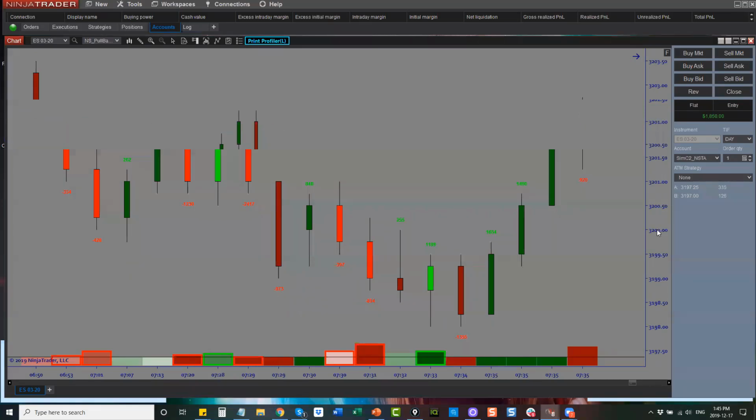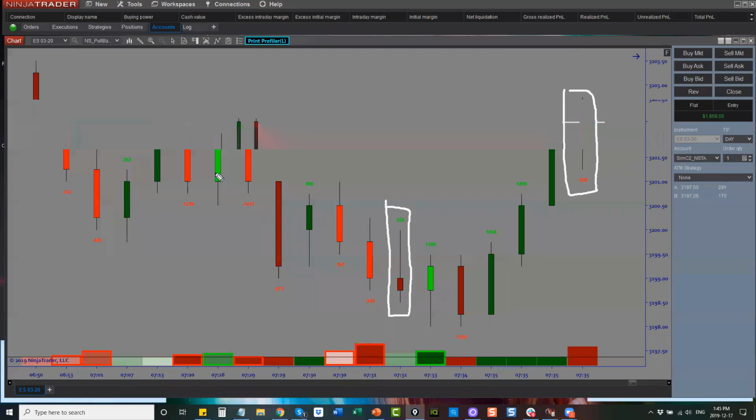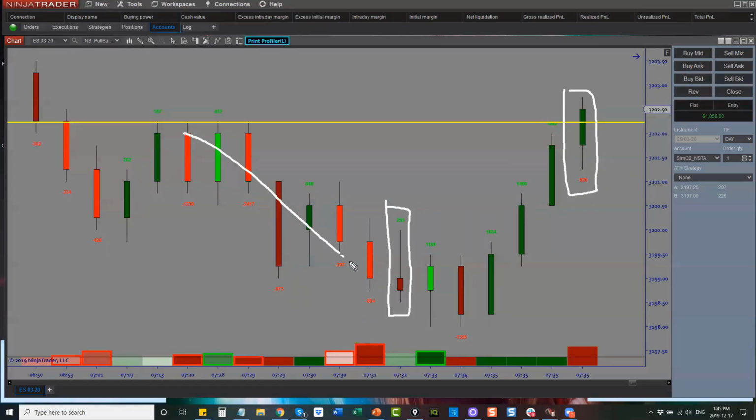Think about this. What about this candle right here? You got prices going down on positive delta. You got prices going up on negative delta. Prices were trying to go lower. Buyers are stepping in as prices are coming down. Prices are trying to go higher, right?